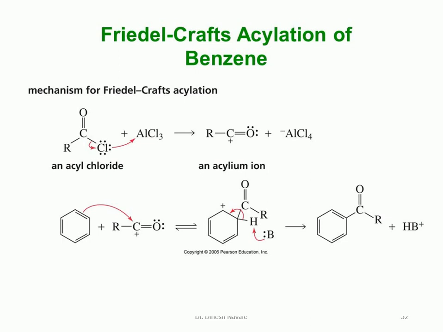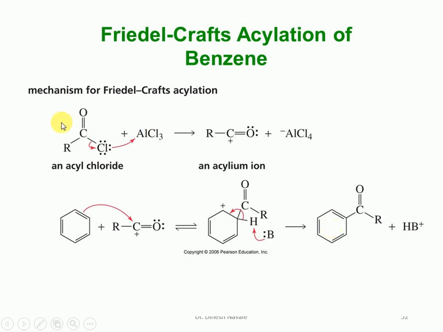First step, acid halide or acid chloride will react with a Lewis acid catalyst like AlCl3 to give the acylium ion, which is also called the acylium cation. In the second step, the electron-rich aromatic ring will react with the acylium cation. We get the formation of this intermediate cation, which on further aromatization, or loss of a proton, will give the ketone.